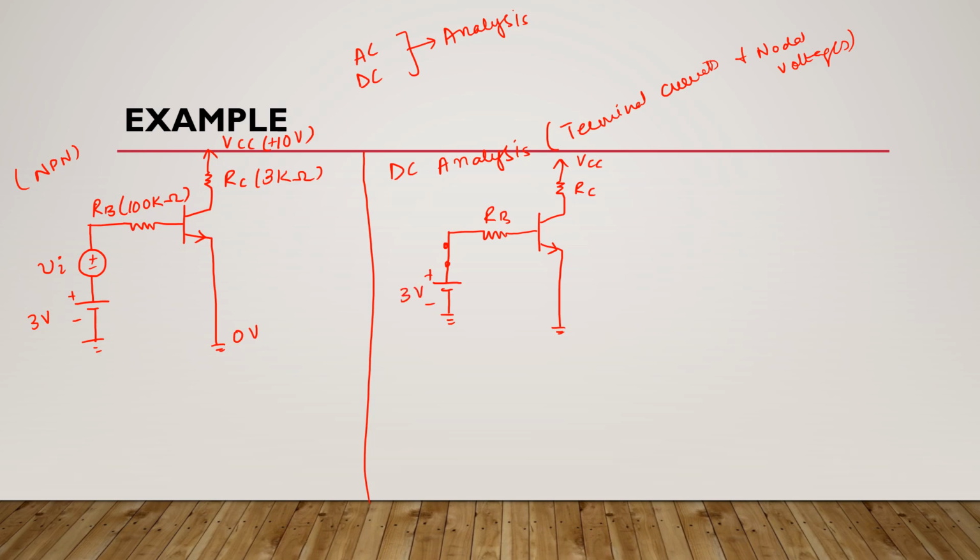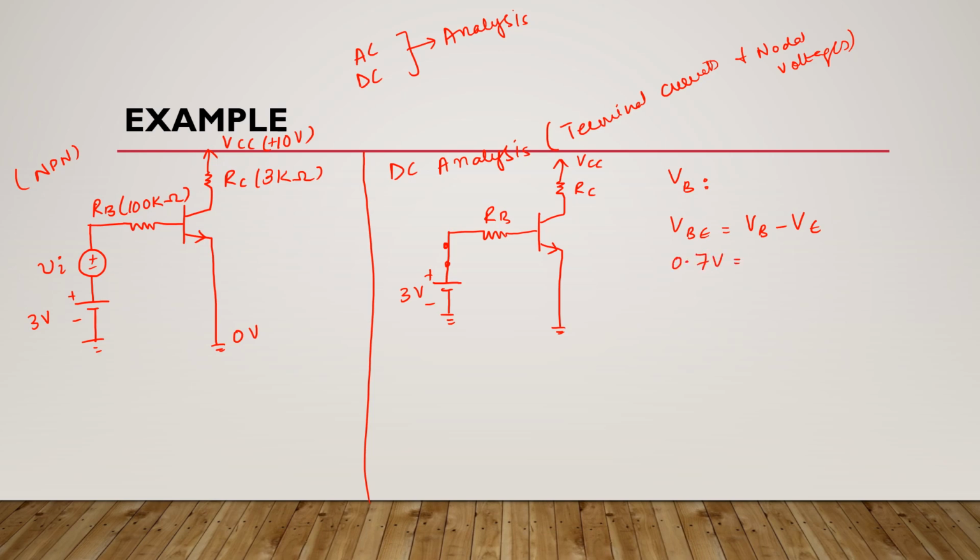Now first we will find the nodal voltage at base, VB. We know that VBE is equal to VB minus VE, and in forward biased condition this base to emitter voltage is 0.7 volts.